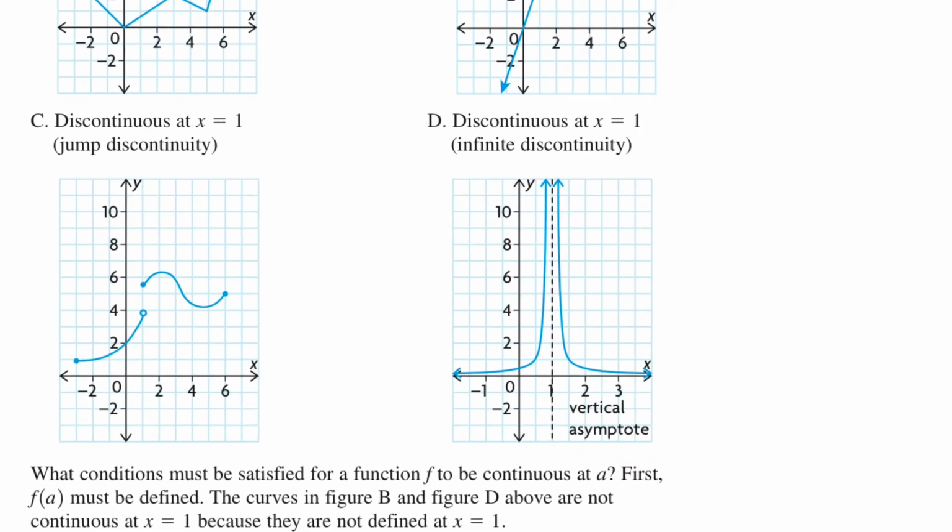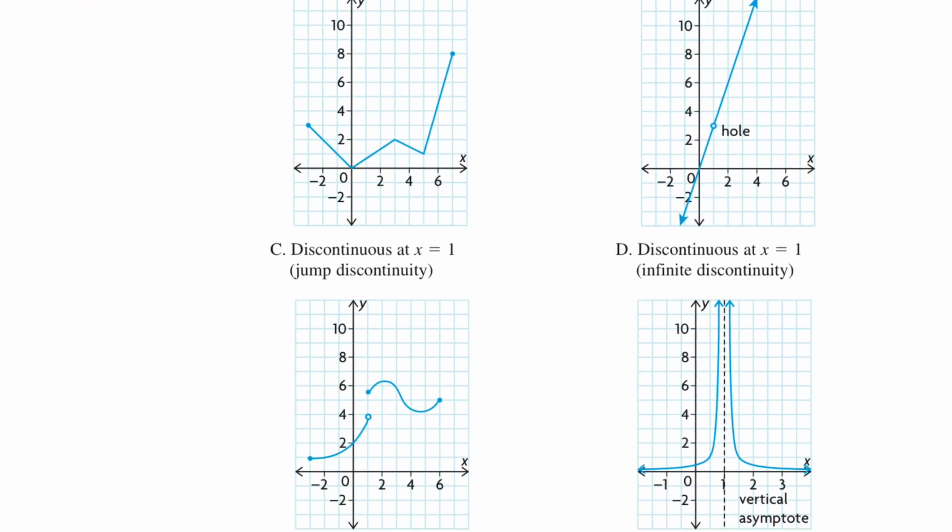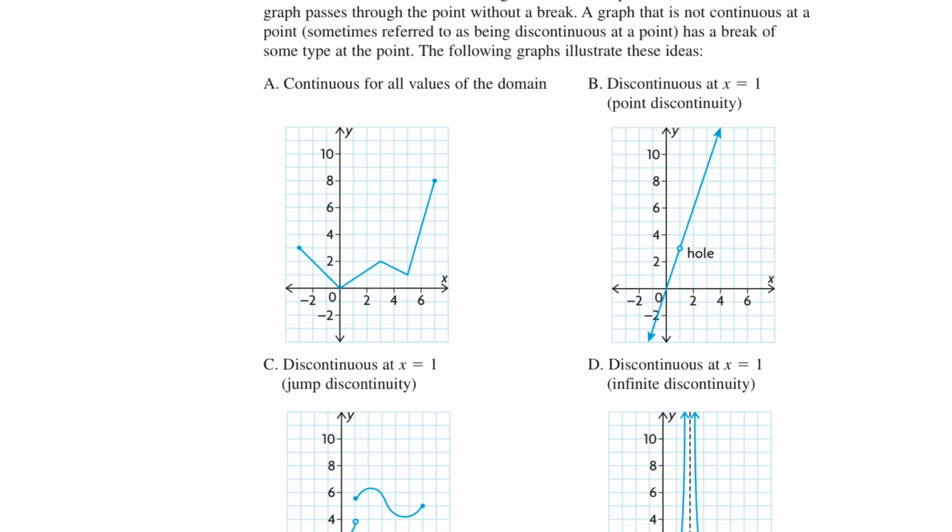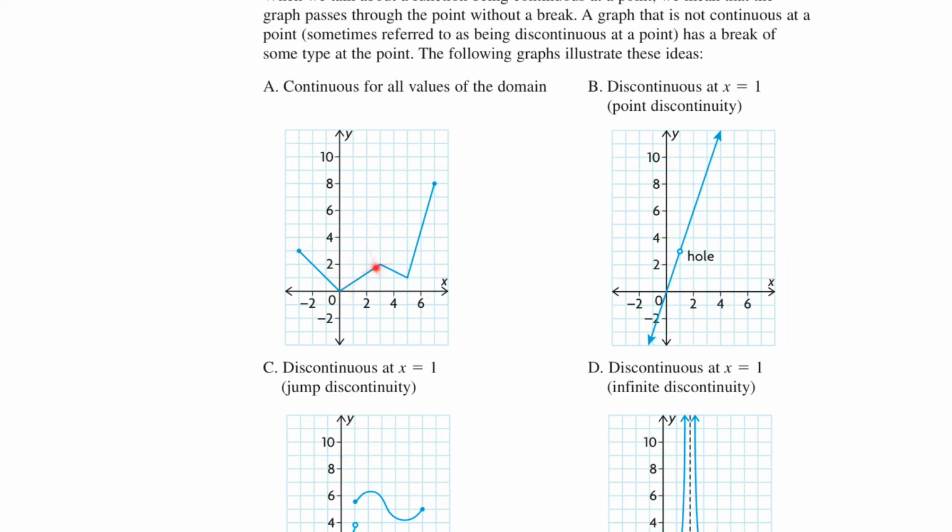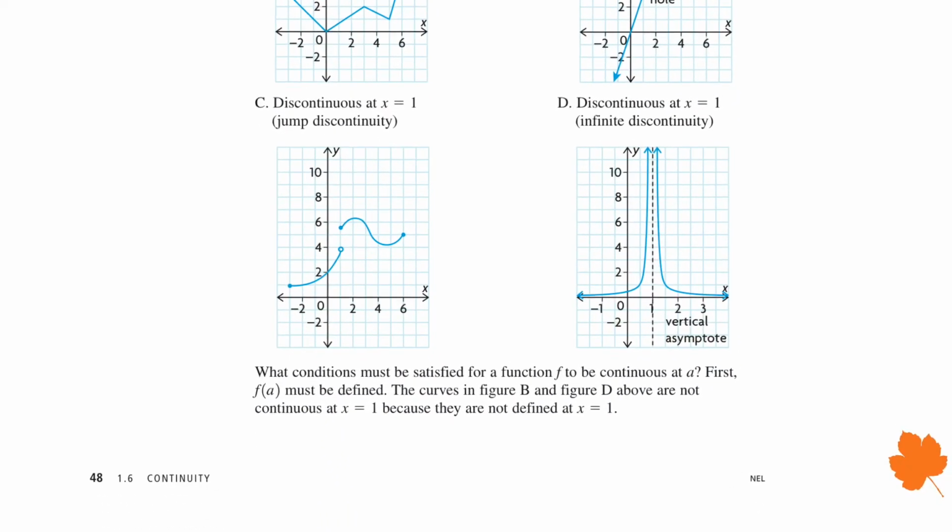And in part D, the graph breaks at 1. We deal with a vertical asymptote at x equals 1. Hole, jump, and vertical asymptote. The graph in part A is continuous for all values of the domain.